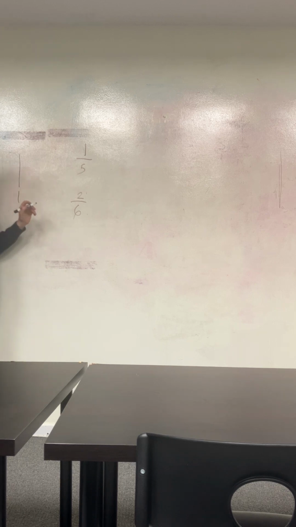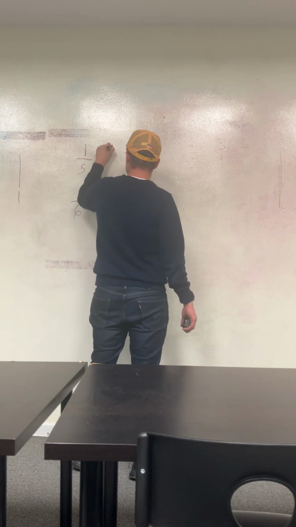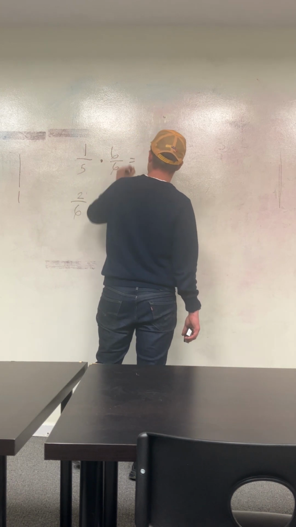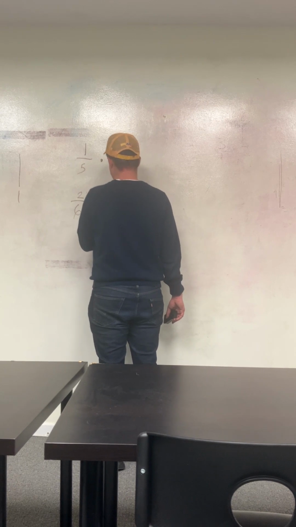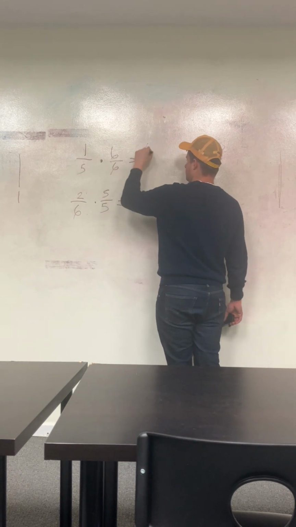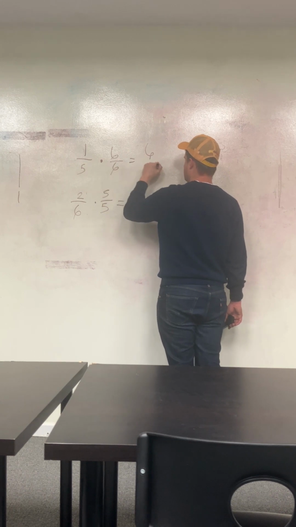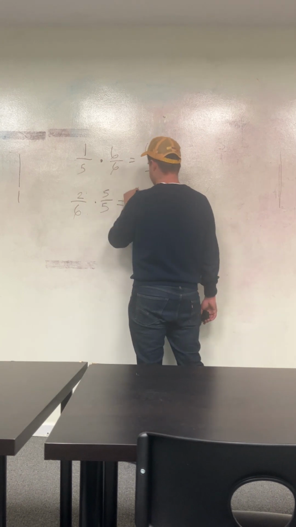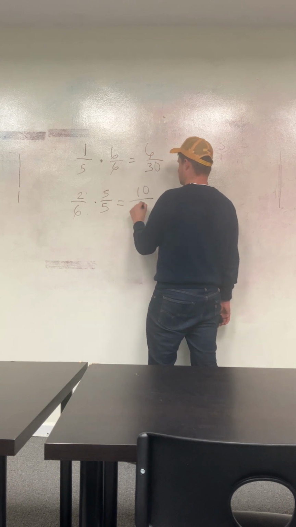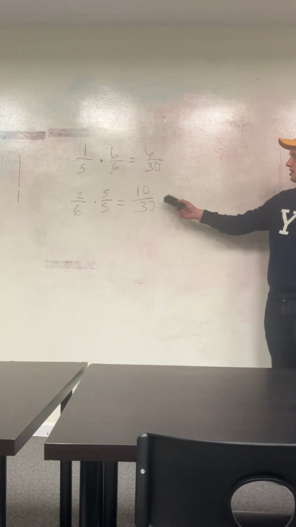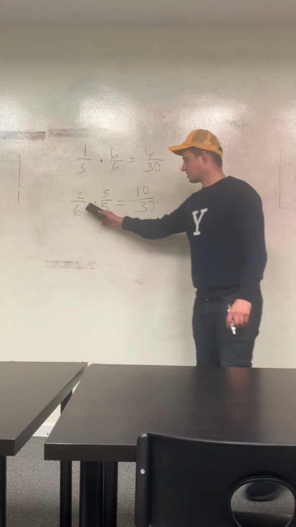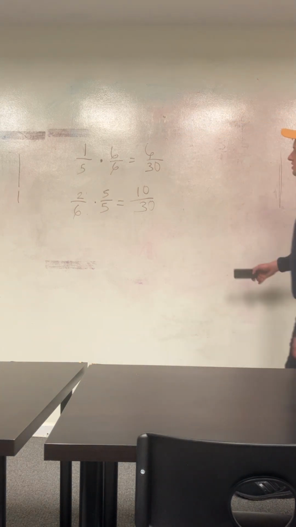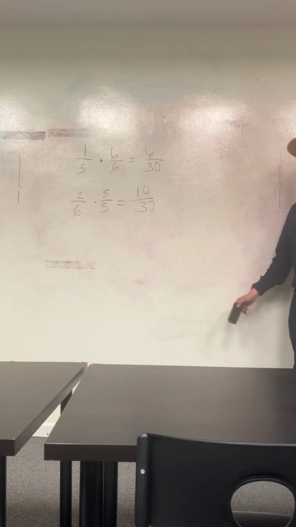All right, so what if we do this one 6 divided by 6, and this one 5 divided by 5? 6 times 1 is 6, 5 times 6 is 30, 2 times 5 is 10, 6 times 5 is 30. Now we have these numbers, and this checks out. 2/6 is a bit bigger than 1/5, and 10 over 30 is bigger than 6 over 30.